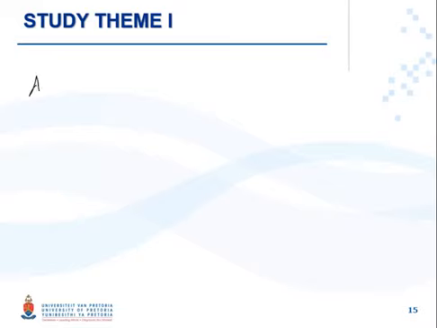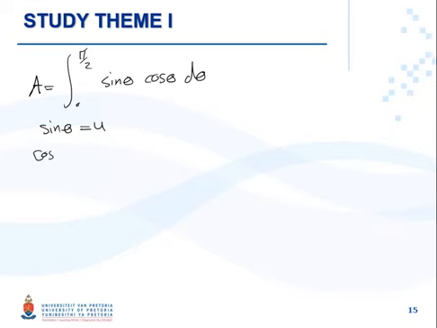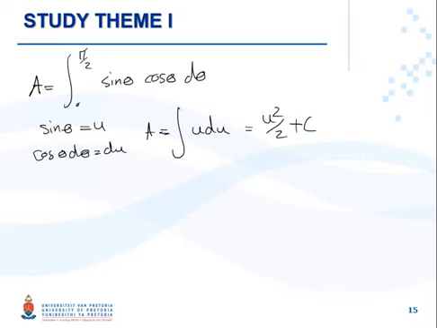So A is the integral from 0 to half pi of sine theta, cosine theta, d theta. Very simple assumption. We assume that sine theta is equal to u, so cosine theta d theta is du. So basically A is equal to the integral of u du, which is u squared over 2 plus c.